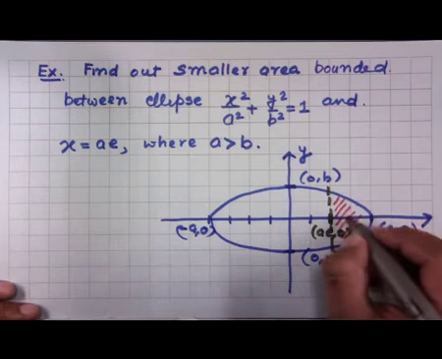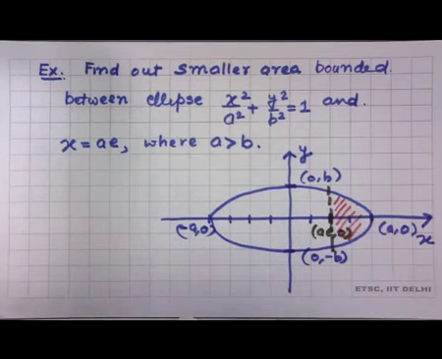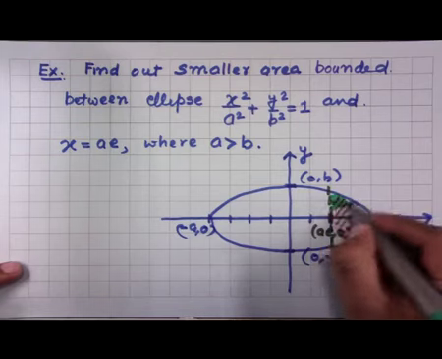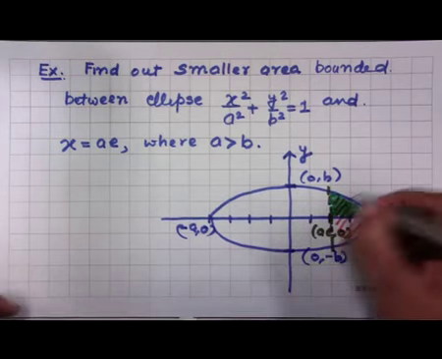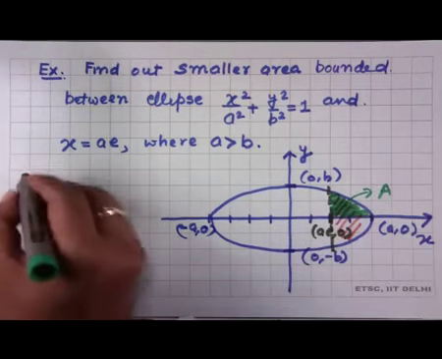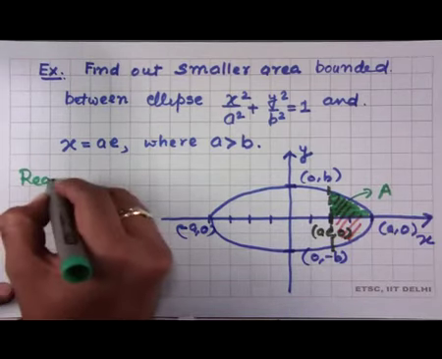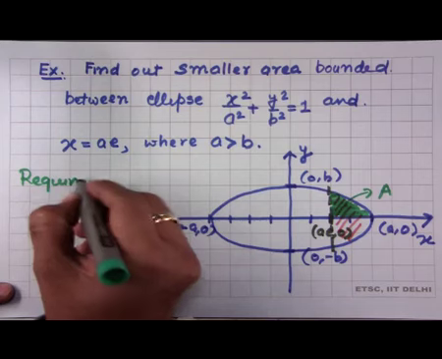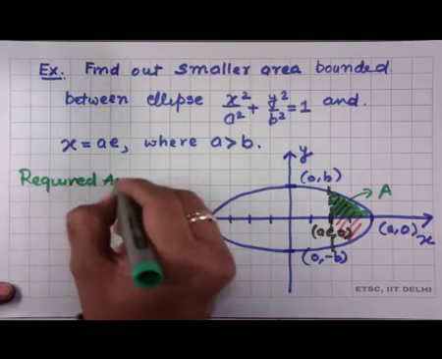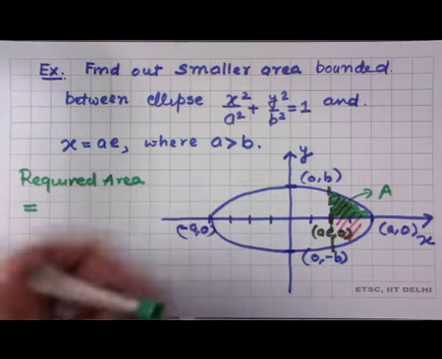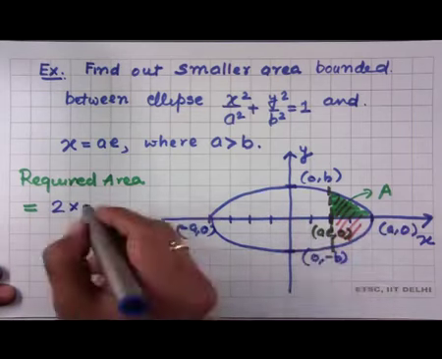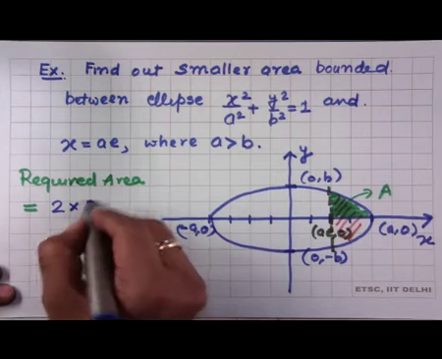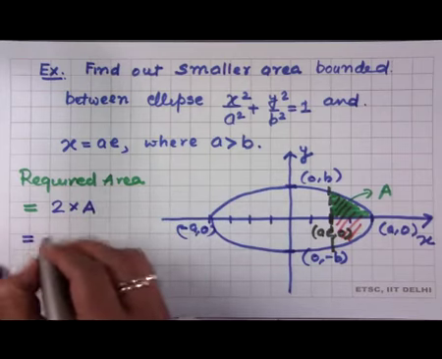So, the required area is twice the area shaded by green color. Say this is A. So, required area is equal to 2A.